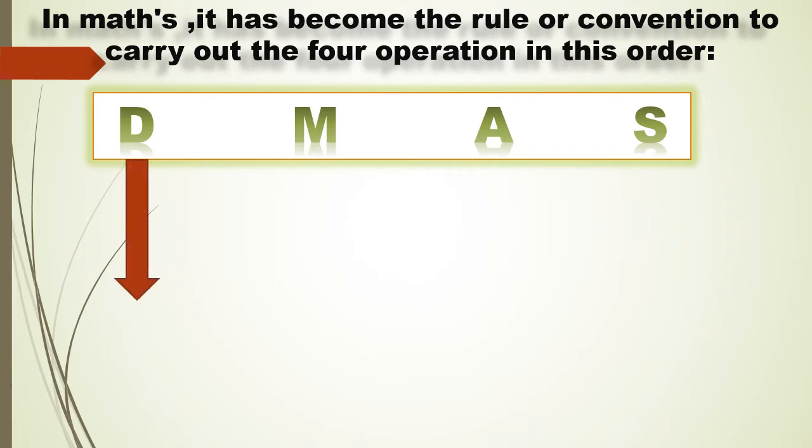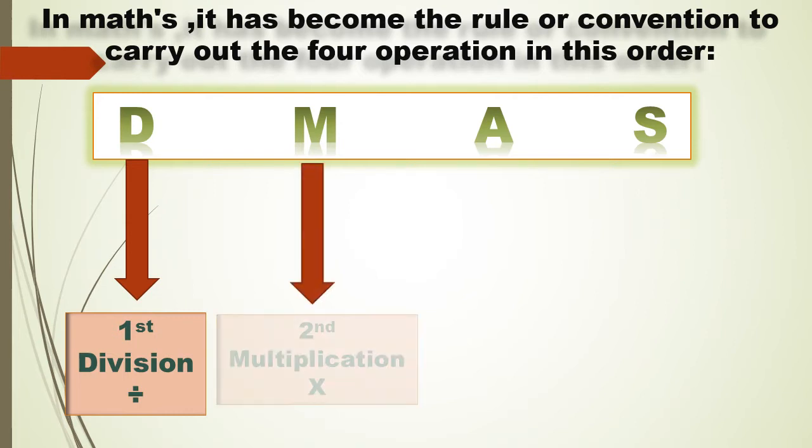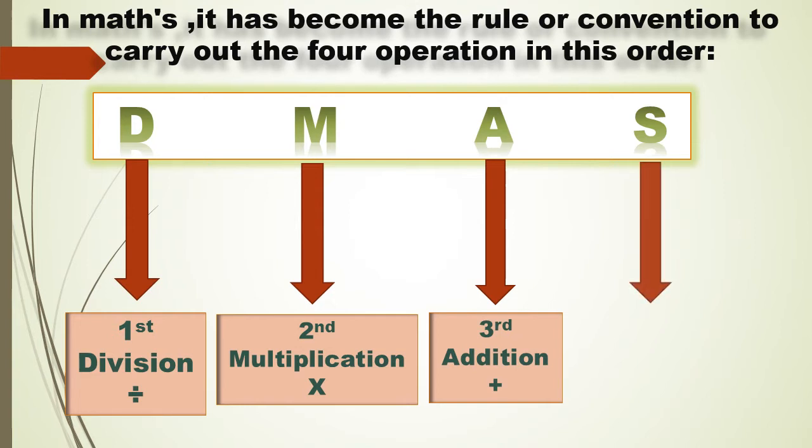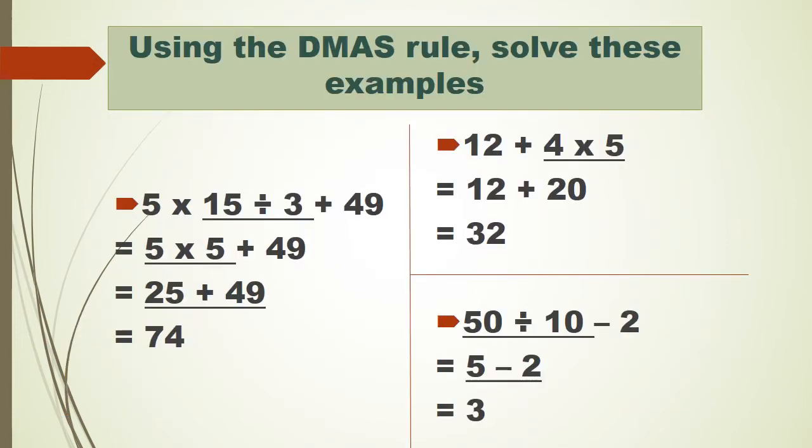D represents division first, M represents multiplication in second order, addition third order, and S subtraction fourth as last. So my dear students, this rule or convention makes it simpler for us to solve such problems. We call it the simplification rule.